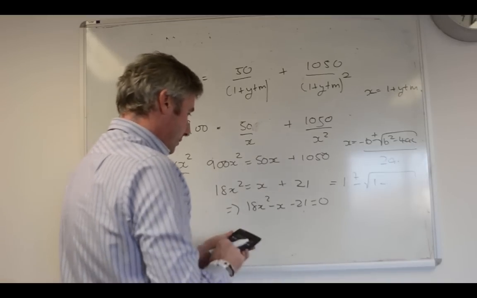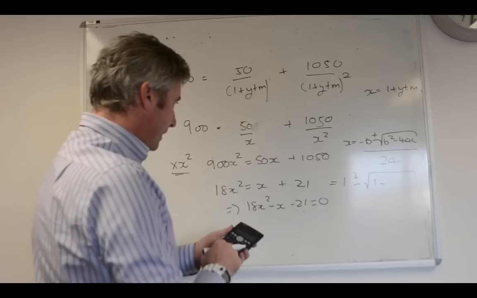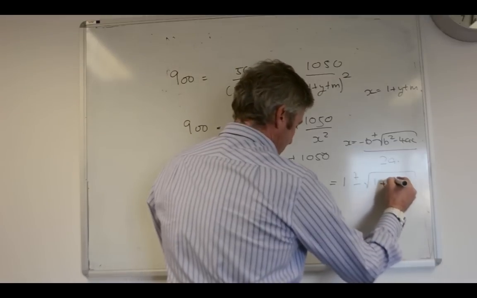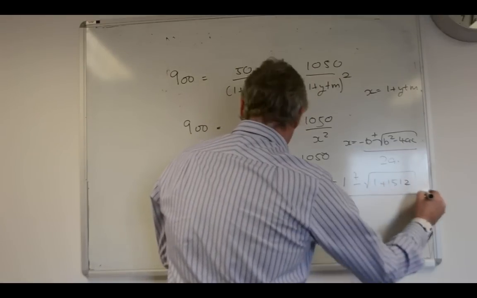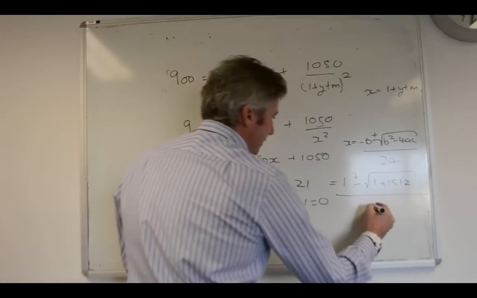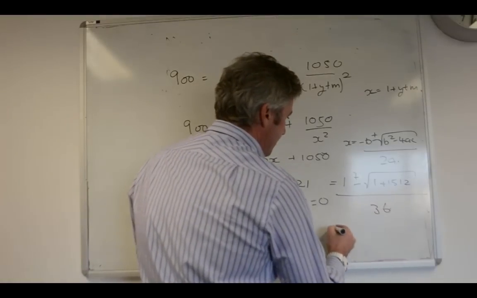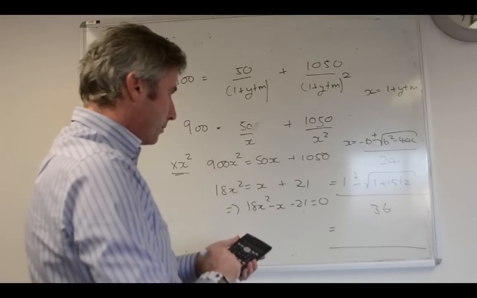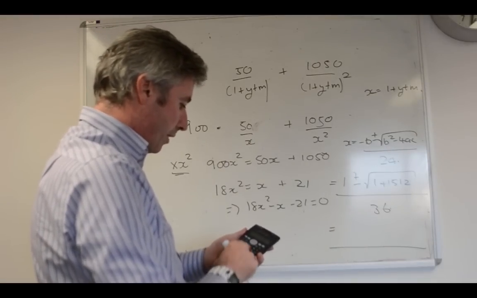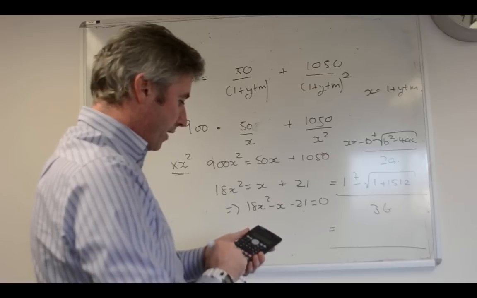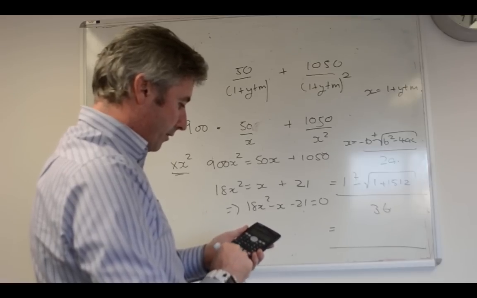So that's 4 times 18 times 21, which is 1512, so 1 plus 1512, all divided by 2a, and 2a is equal to 36. Let's sort that out. There are going to be 2 solutions, of course. The first is 1 plus the square root of 1513, divided by 36.